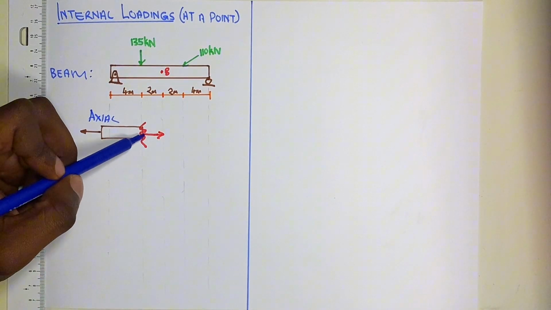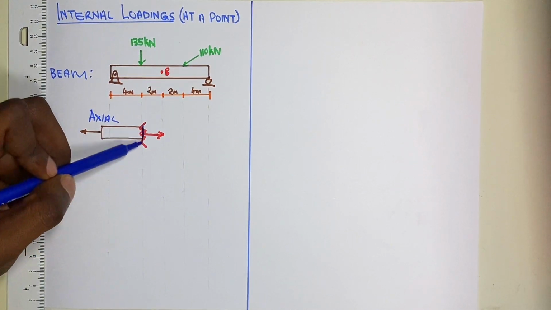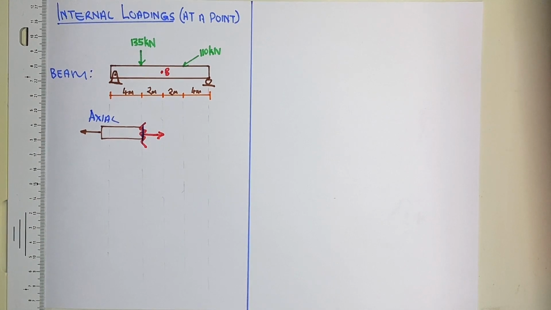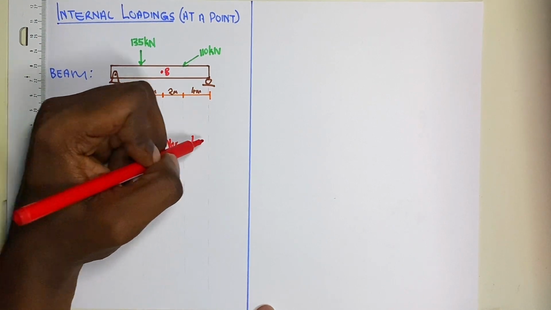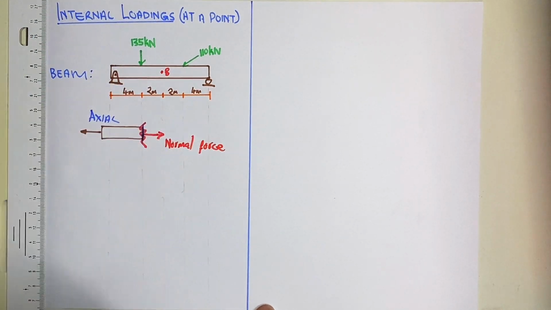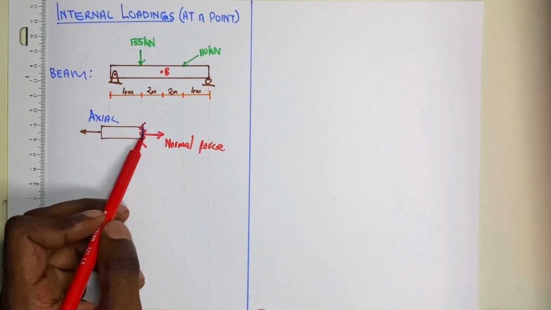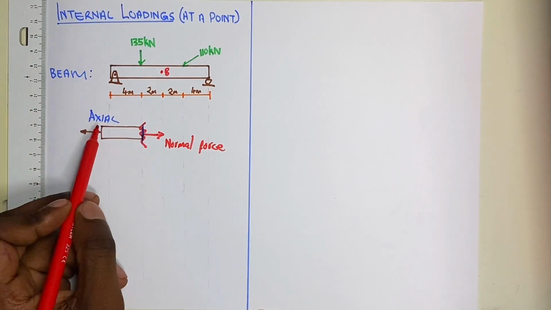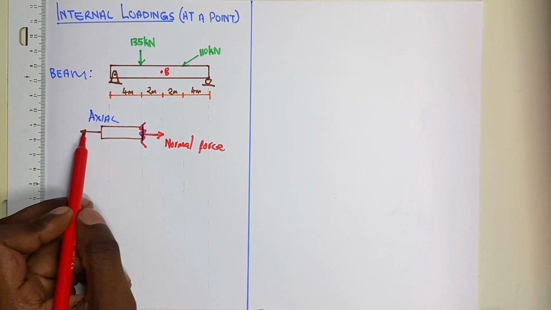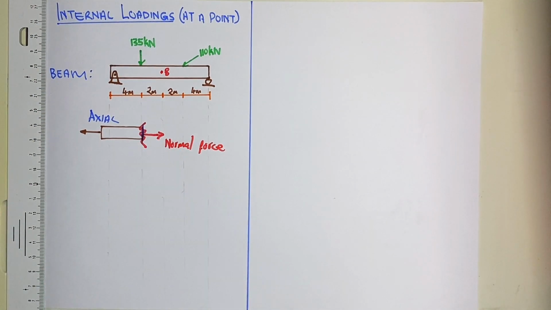Because this force is perpendicular to the surface of my cut here, we are going to call that force the normal force. This normal force acts perpendicular to the surface of your cut. Because of our axial forces, there will also be an axial internal loading.